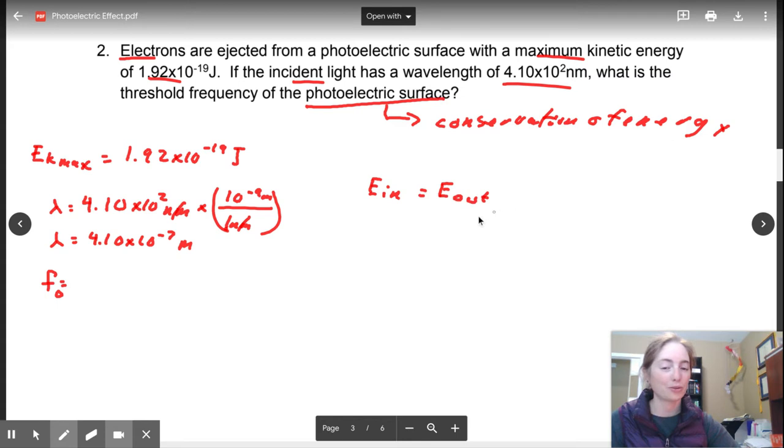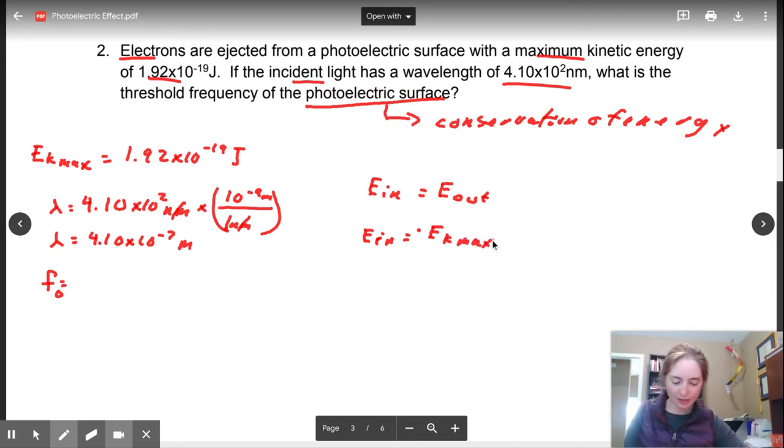So the energy of the incident photons is going to equal EK max plus our work function. Okay.